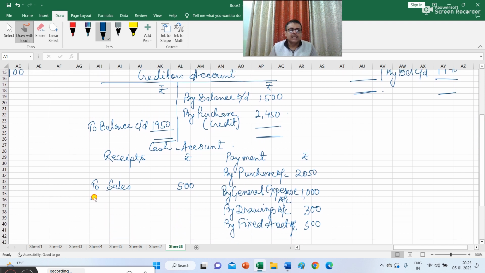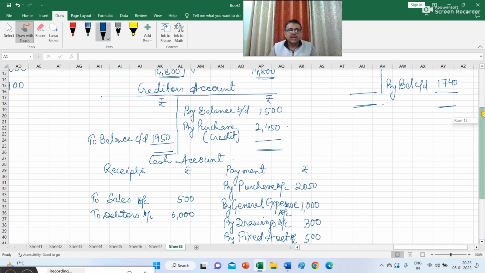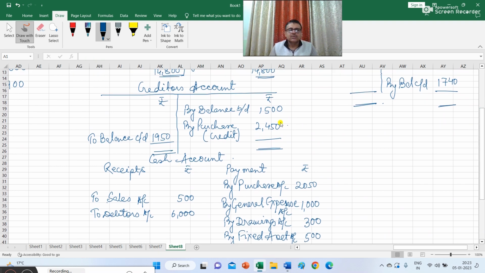So I have to write here to debtors account rupees 6,000. Then we have the creditors account that you have to close, and the balancing figure is on the debit side, and this is regarding the payment made to creditors. So to cash account, and this is the balancing figure, and the amount is rupees 2,000.